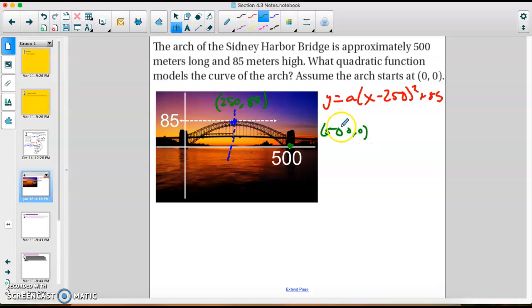So I'm just going to plug 500 in here, 0 in here. So we end up with 0 equals a times (500 minus 250) squared plus 85. This would be 250 squared.